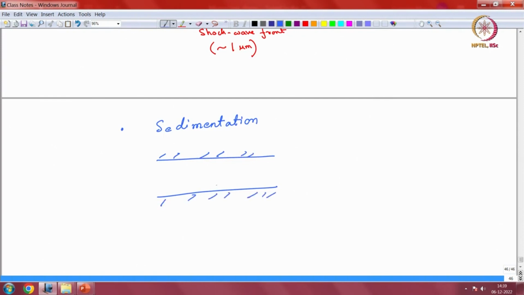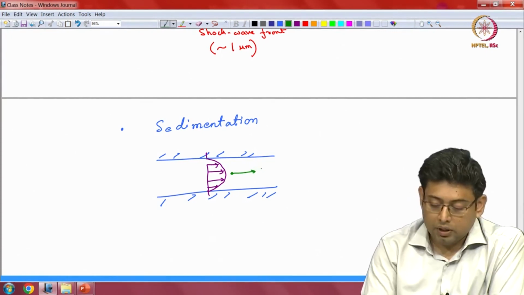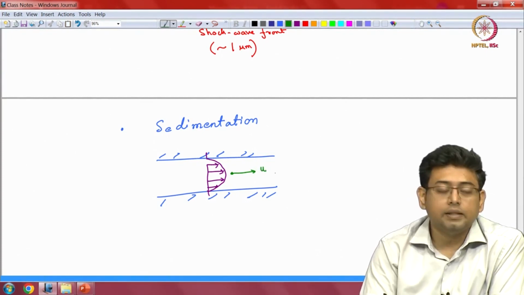Let us say this time there is a parabolic flow through this channel. This is the underlying flow field, and a tracer particle now has to follow this. It is getting entrained in this direction, so it will have some velocity along your positive x direction.